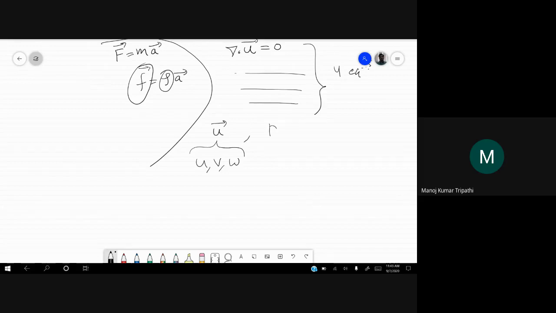Then you have pressure, which appears in these 3 equations. And then you have all these stress components, the stress tensor, which has 9 components.